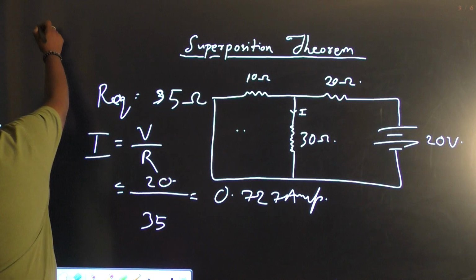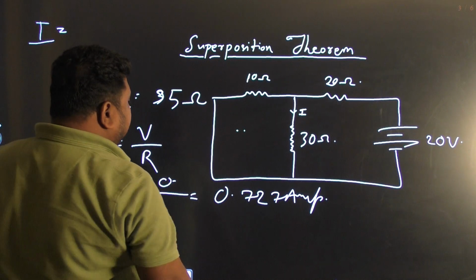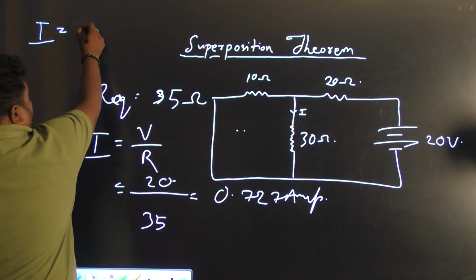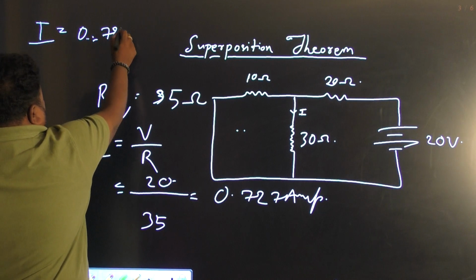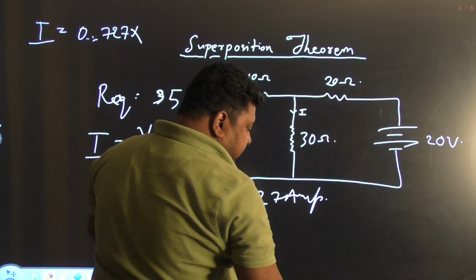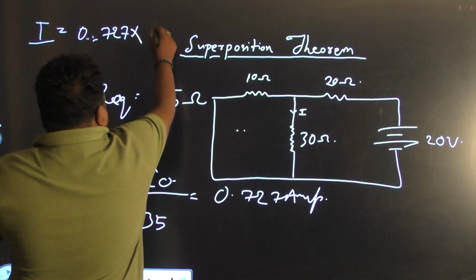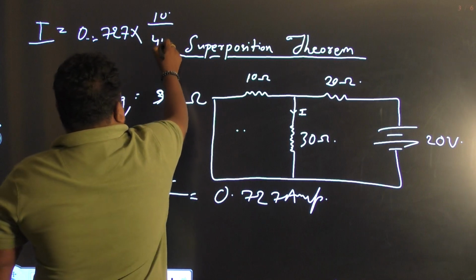So now, what is the current flowing in 30 ohm? You can apply the current division rule again. So the total current is 0.727 into the opposite resistance 10 by total resistance 40.